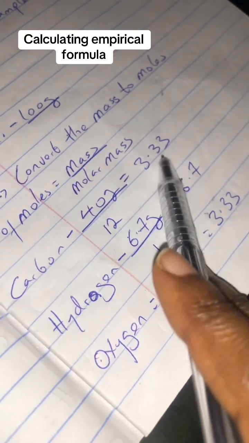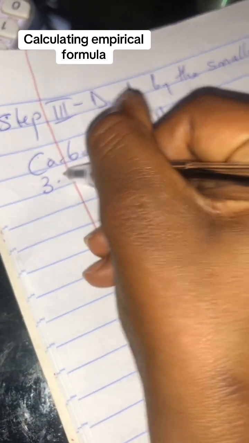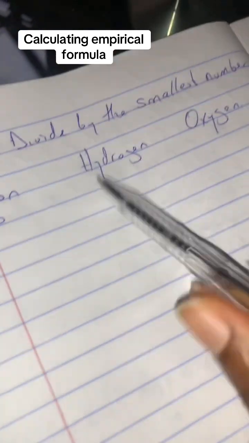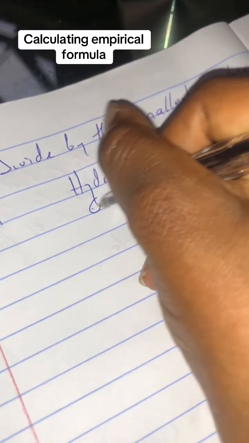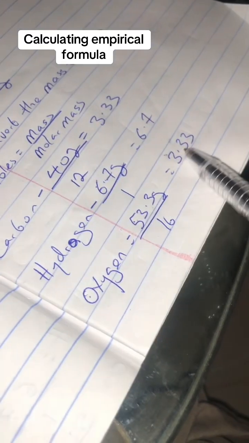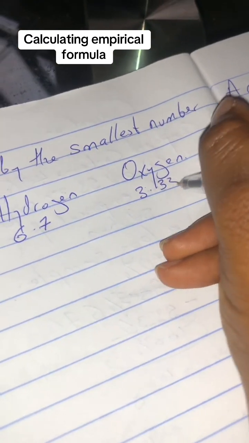Now what's the figure? What did we get for carbon? 3.33. Then you write it underneath. What did we get for hydrogen? 6.7. You write it here. What did we get for oxygen? 3.33. Then we write it 3.33.